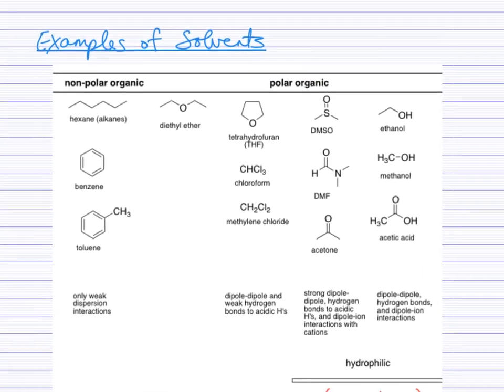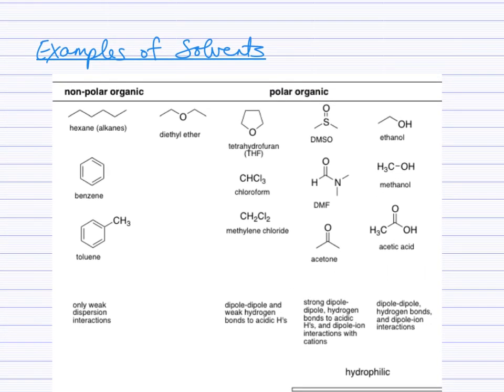Okay, the last little bit here is really just a table for you to refer to. It's more just practice. As you look at these structures, there's a continuum from left to right here, starting with a very nonpolar organic molecule as the solvent due to only weak London dispersion forces. And then you'll see that the polarity increases.